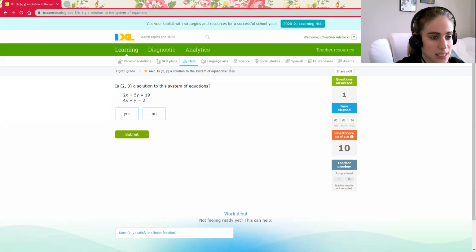All right, let's label our x and our y again because I don't want to mix them up. That would be really bad. In an ordered pair, the first number is our x and the second is our y. So we're going to substitute 2 in for x and 3 for y. Let's do this with our first equation. 2x plus 5y equals 19.